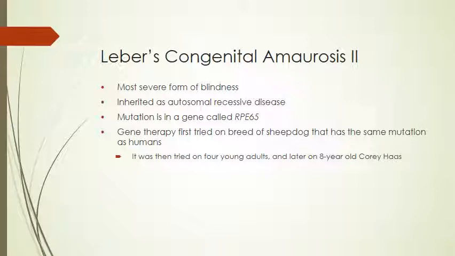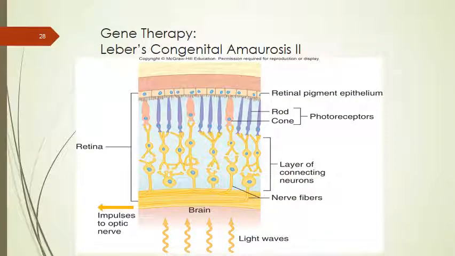And the gene therapy supplies the gene that encodes the enzyme. This slide is showing you the retina pigment epithelium, the rods and the cones of the photoreceptors that are found in the eye.